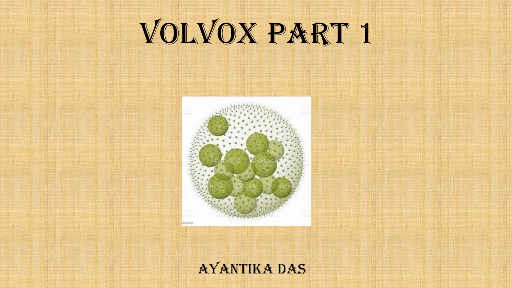Also, they can be easily grown and they have a short generation time. So from the applied research point of view, both Volvox and Chlamydomonas are very important green algae.